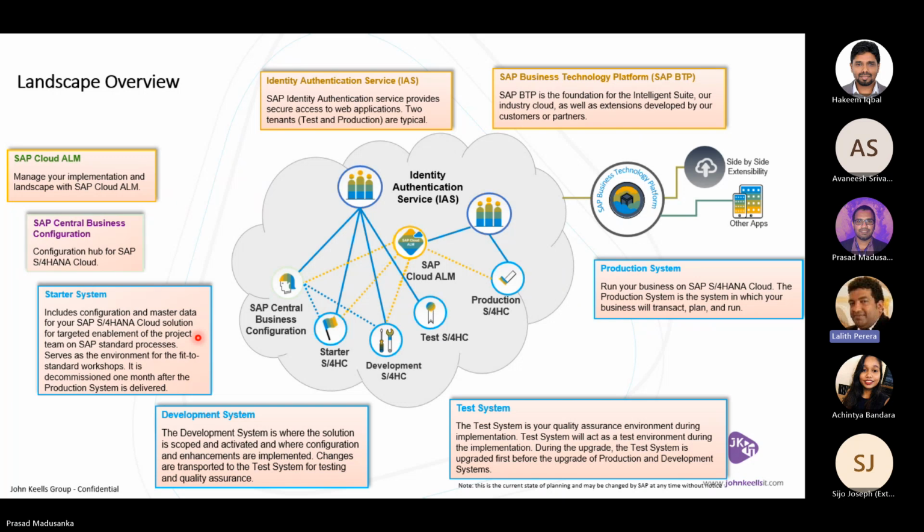Then in that project there are a few milestones you need to complete. One is, as Prasad mentioned, you need to define your scope: which best practices you are going to activate. The second is finance and configuration: basically your ledger type, IFRS, or whether you create one ledger type or several. That is a key point.